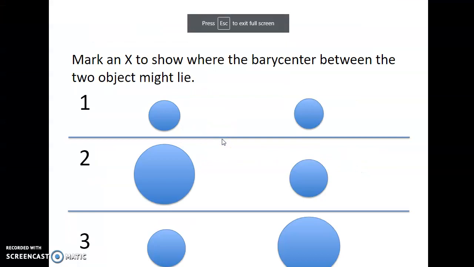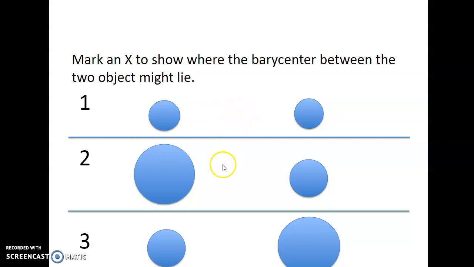And then lastly, let's practice determining where our barycenter is. So remember, our barycenter is always going to be closer to the object with the most mass. So in example 1, these two objects look like they are about the same size, so they probably have the same mass. So our barycenter would lie right in the middle.